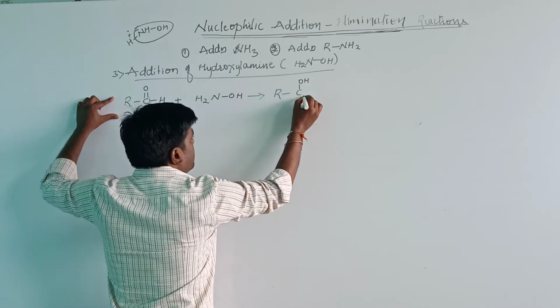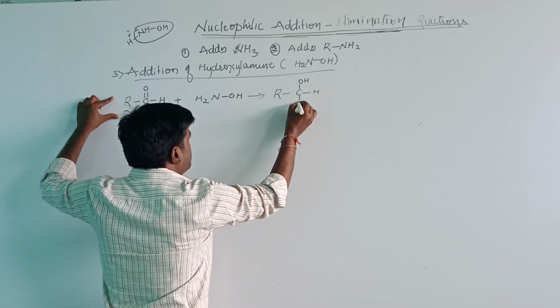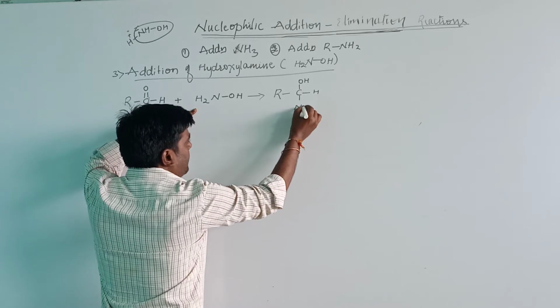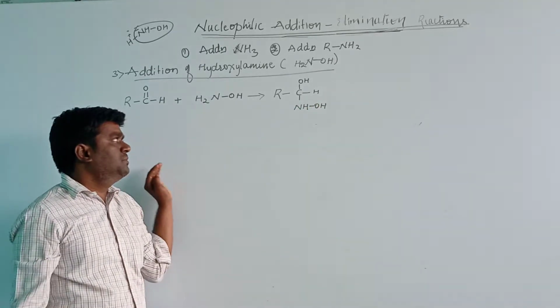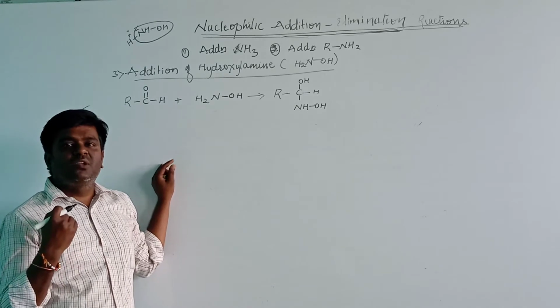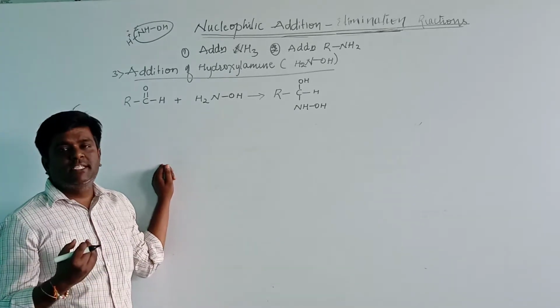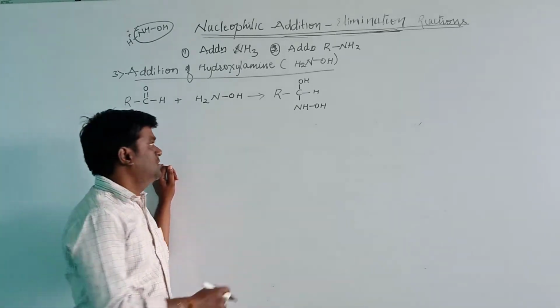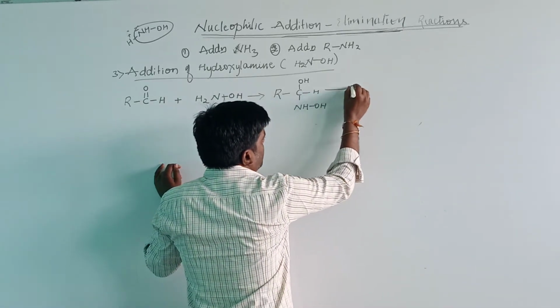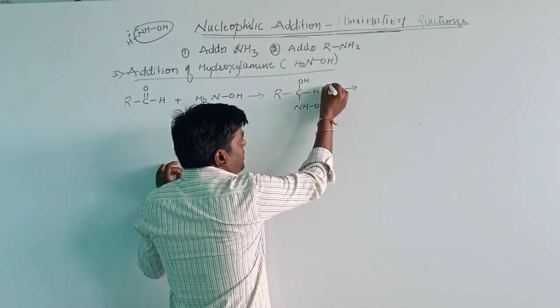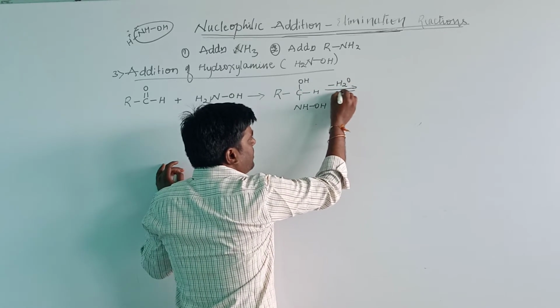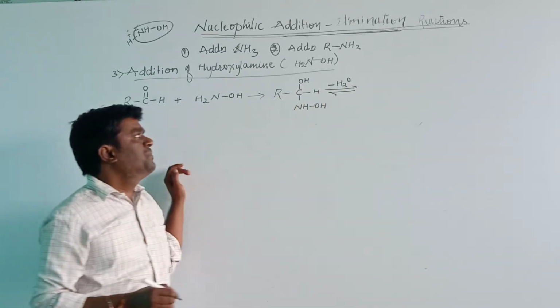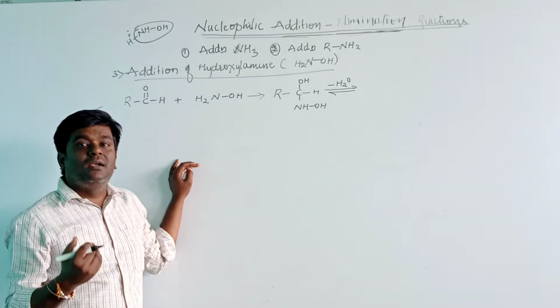that is R, C, O, H, here H, and here the nucleophile part, NHOH. This addition product further undergoes dehydration, that is elimination reaction. This dehydration is reversible in nature and we will get the product aldoxime.